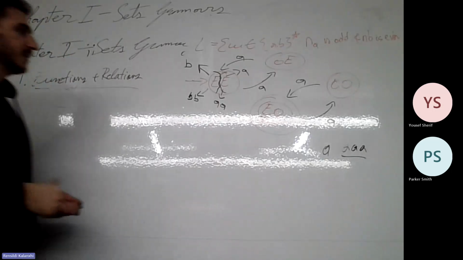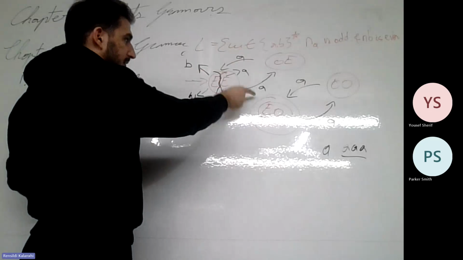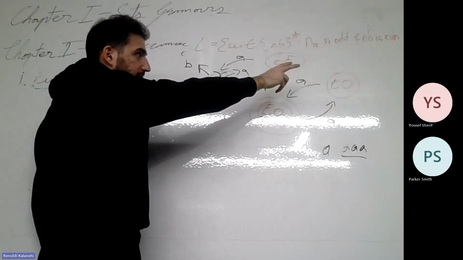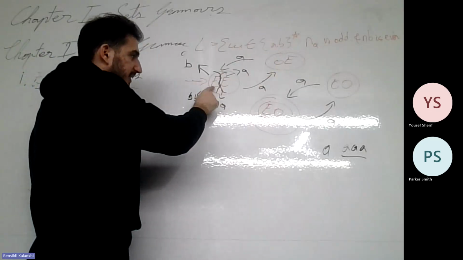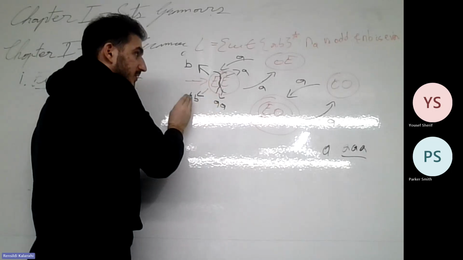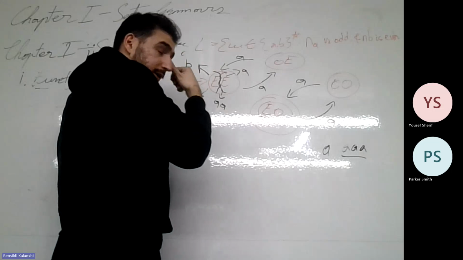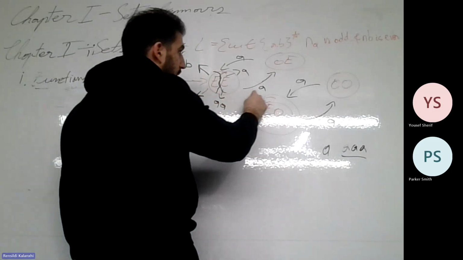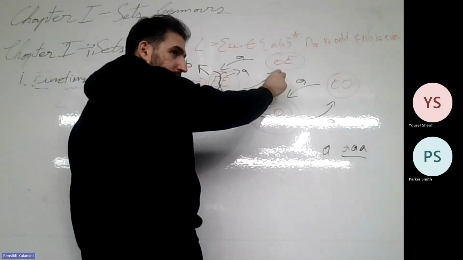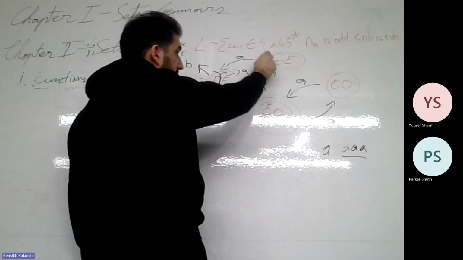So for this problem, let's say NA is even and NB is odd, right? Think of this as A now. So NA should be even, so it's either 2, 4, and so on. If we start with 2 A's and add 1 more, it's going to be odd, and so on.